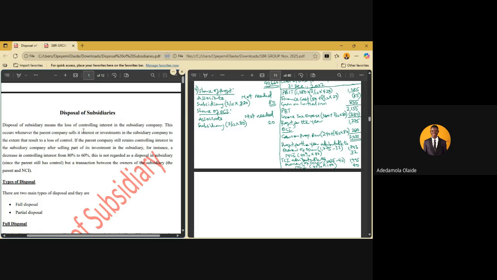Partial disposal is where the parent company holds maybe 70%.